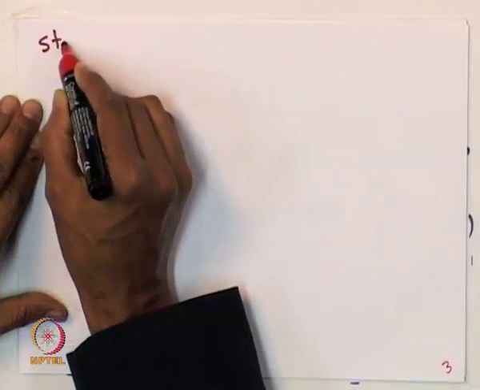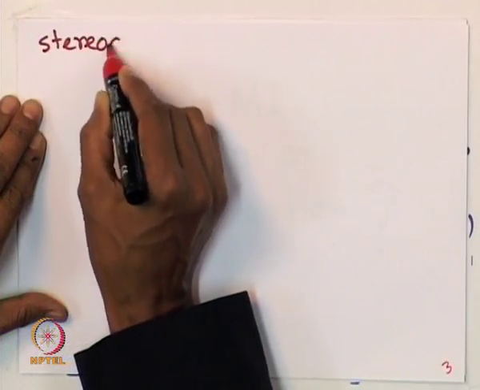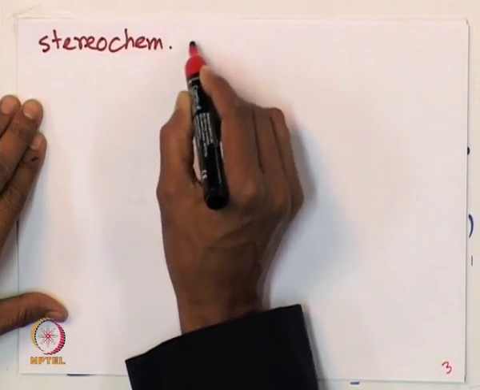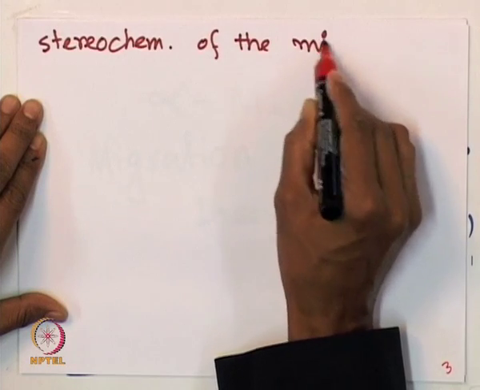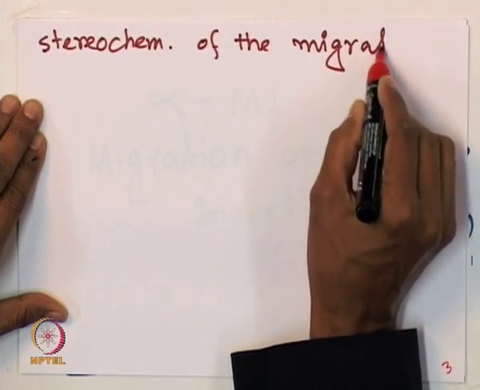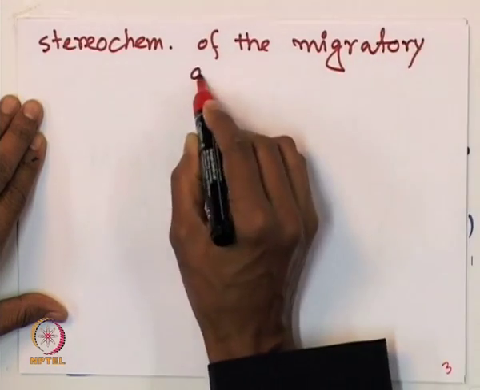Let us look at one example. The experiment we are going to look at is the stereochemistry of the migratory group.